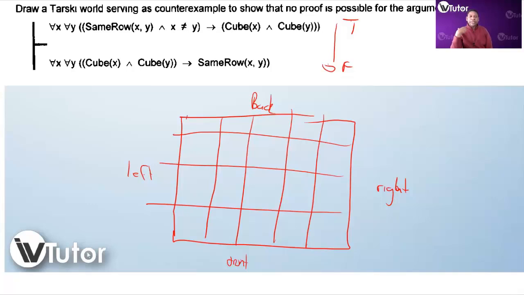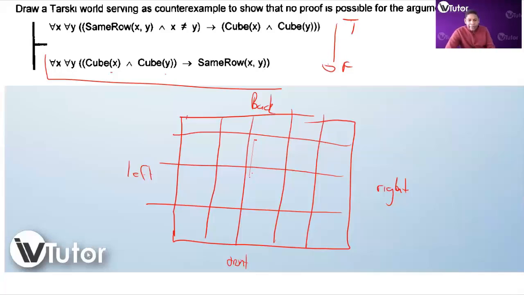If we have a cube and a cube, that's fine. But if I have a cube and a dodecahedron, then that's not fine. Then this one says x is a cube, y is a cube, therefore x is in the same row as y. So it says all cubes are in the same row.